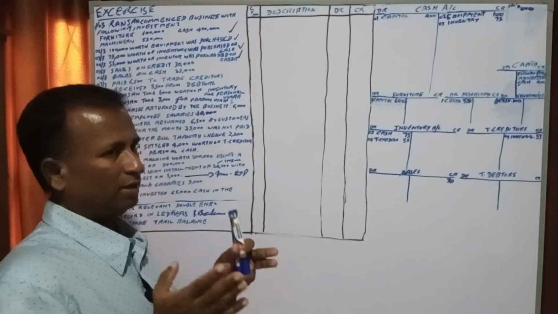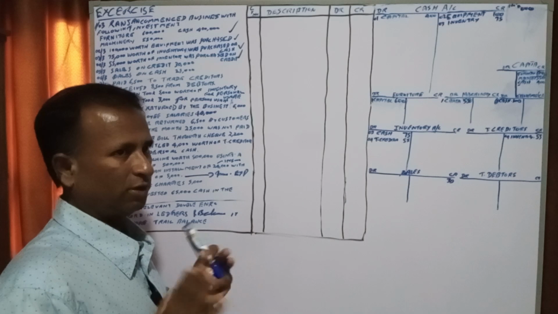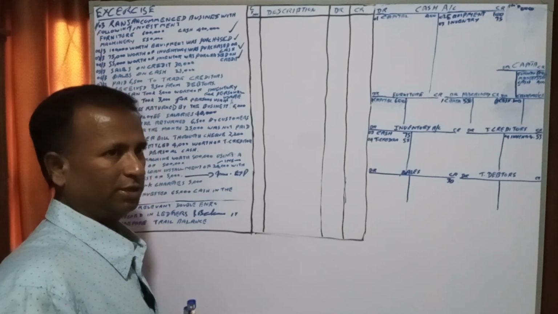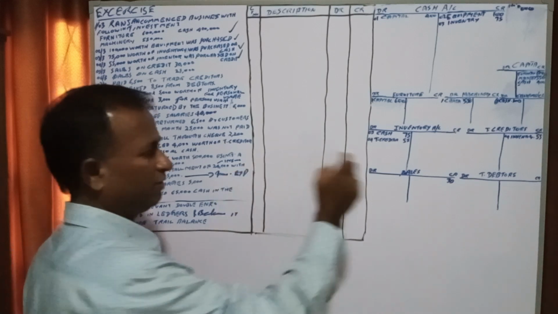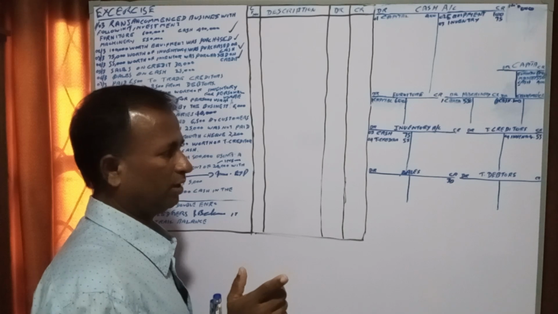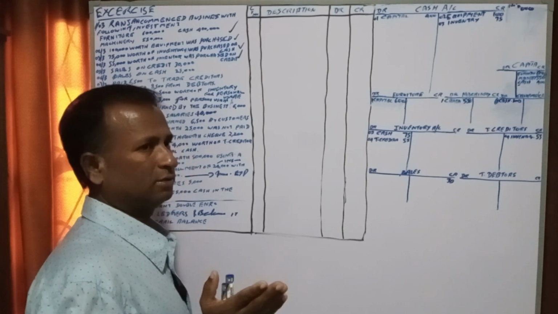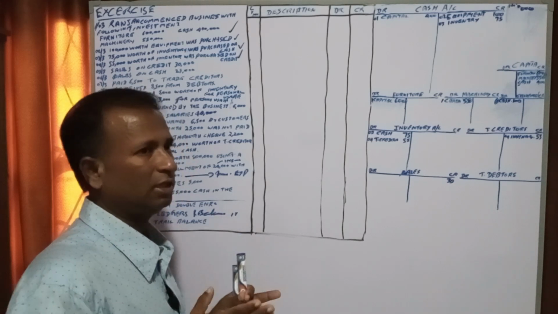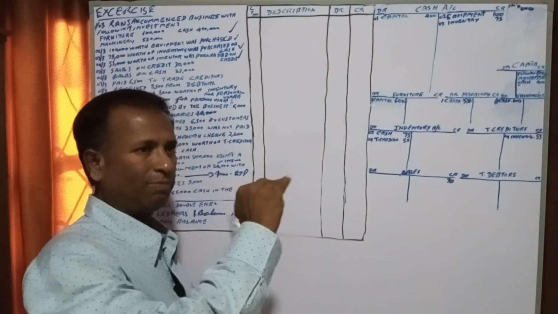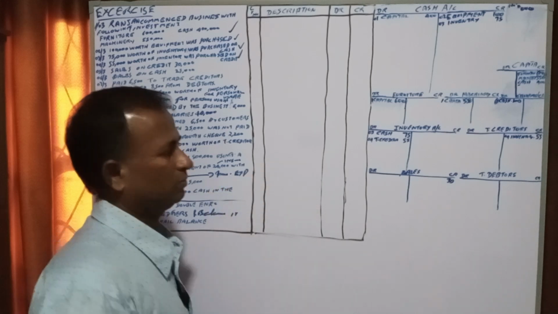Sales is increasing, revenue is increasing. If revenue is increasing, it has to be credited. We have credited here, and the other connected account is debtors, because we have to receive money for the goods we have supplied to our customer.